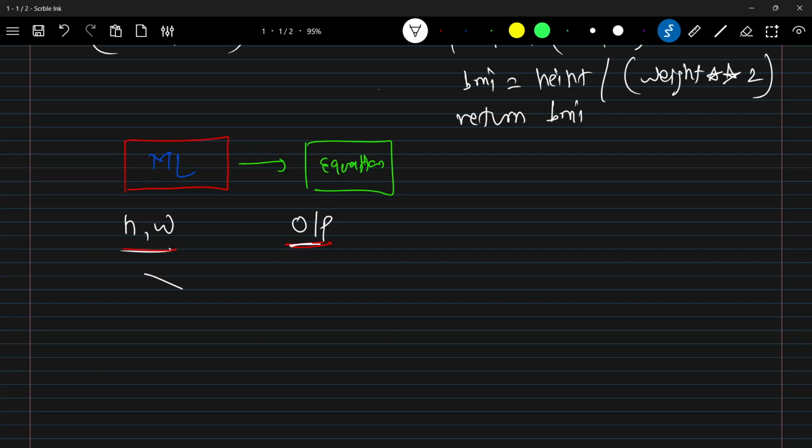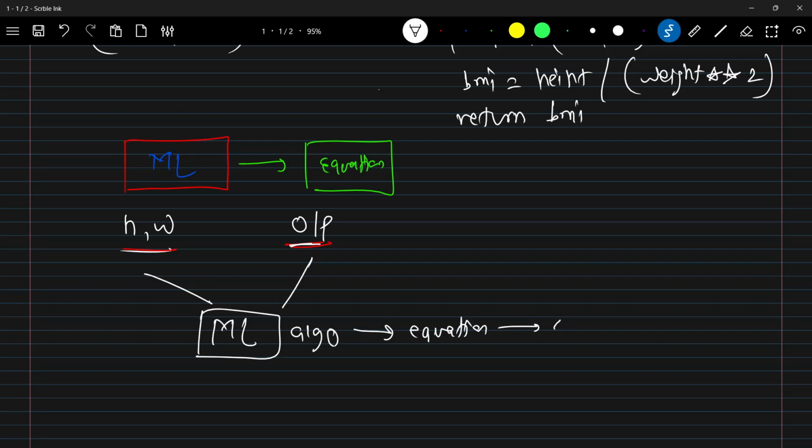We need these three things for our ML model, our ML algorithm, and it will create an equation like BMI, just why I'm writing this approximate equation like BMI, that can predict on new height and weight. If we give new height and weight, it will predict output. So this is the final thing we will get.